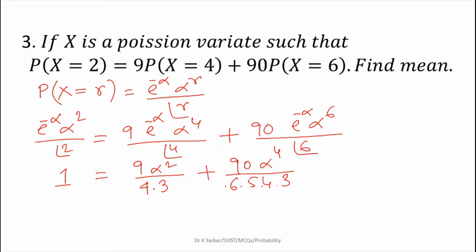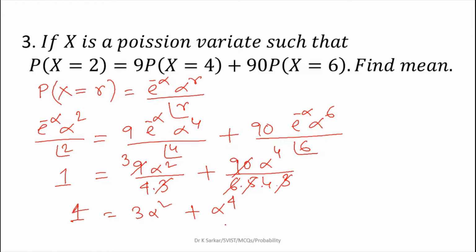Now 6 into 5 is 30, into 3 is 90, and 3 into 9 is 3. So 1 equals 3 alpha square plus alpha to the power 4, and below it was 4.